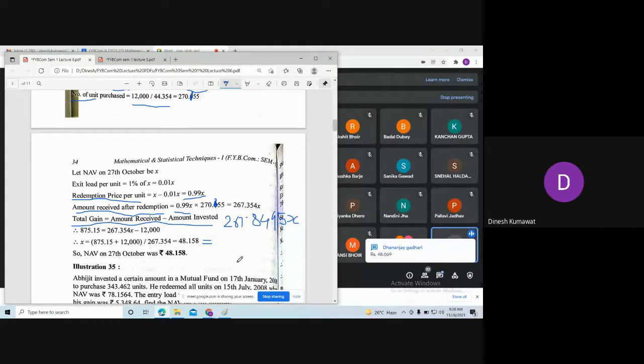So Dhananjay is getting 48.069. What about others?